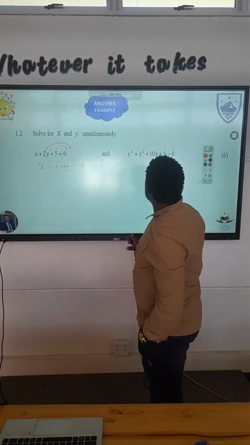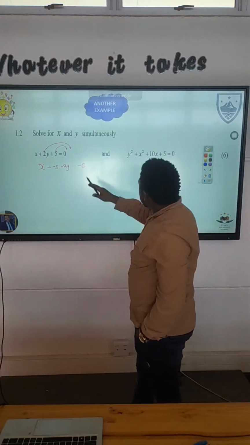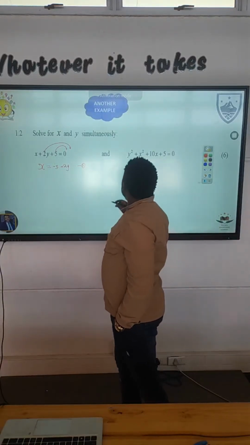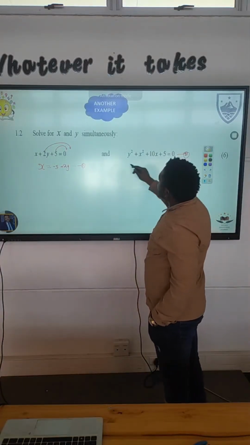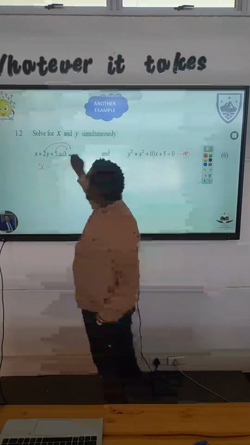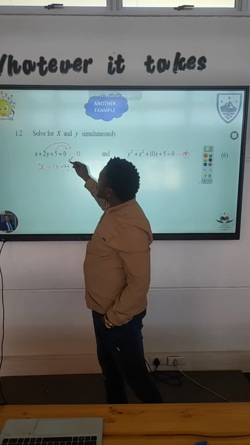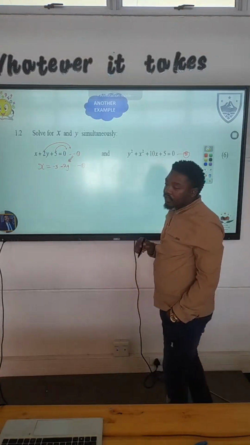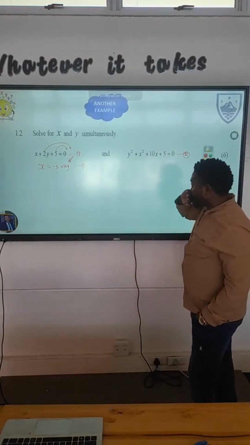I haven't done anything to them yet. No need to remove the negative yet. It's okay. Take it as it is. And then this will just be called equation number 2 as is. This has been simplified, but it's still the same equation. If this was equation number 1, this will still be equation number 1. It's just the simplified version of it.